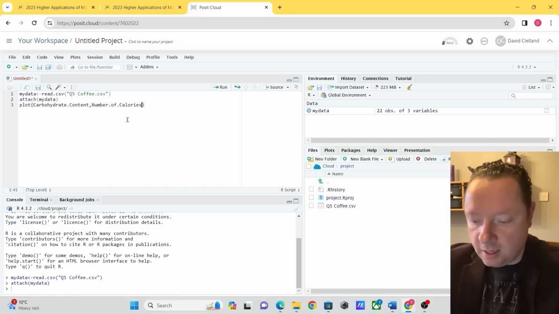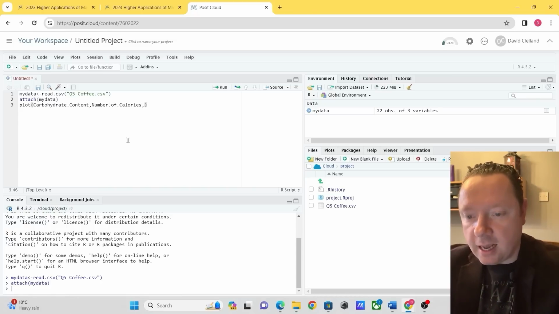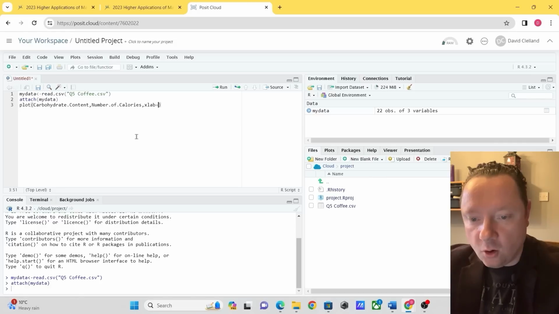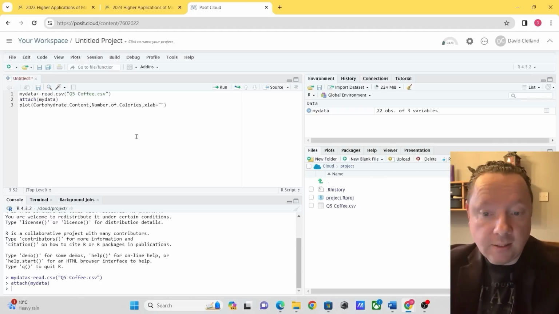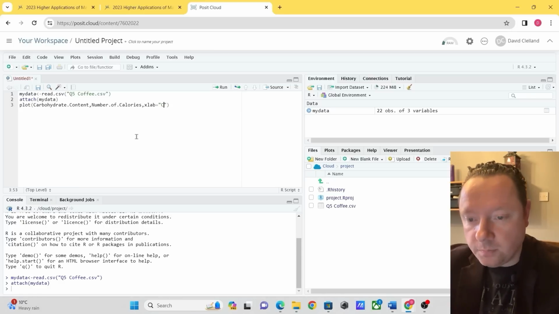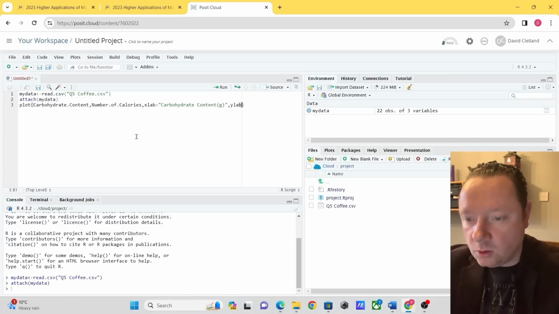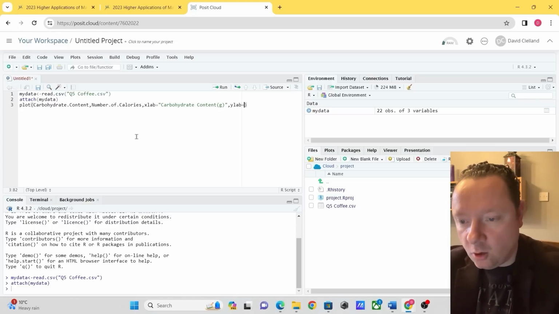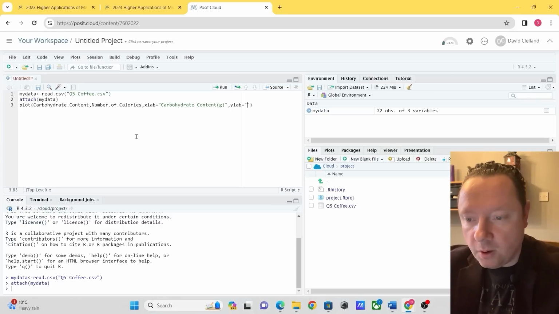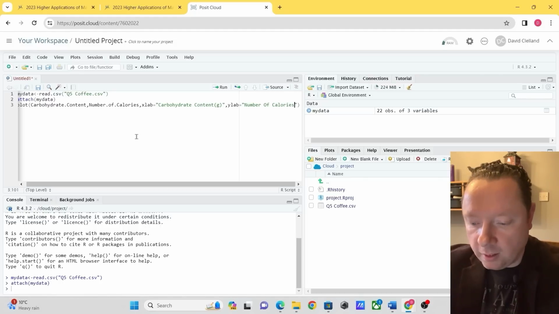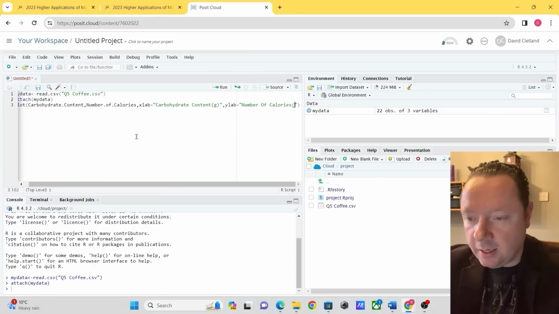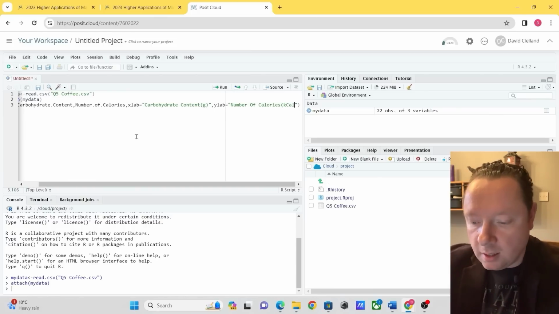Of calories. Name the x-axis, xlab equals inverted commas, carbohydrate content, and we're going to put our units of grams in there, and then comma, ylab equals, inverted commas again, number of calories. And we're going to give the units of that, which is kilocalories.